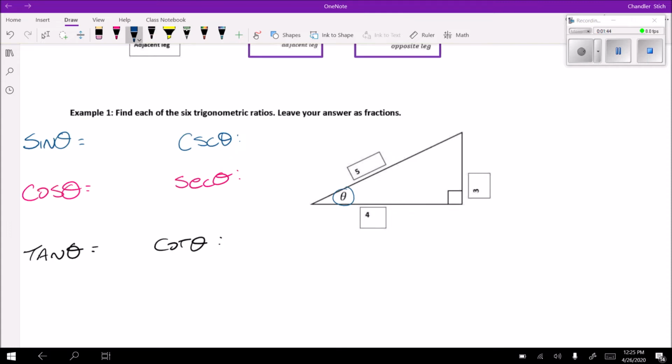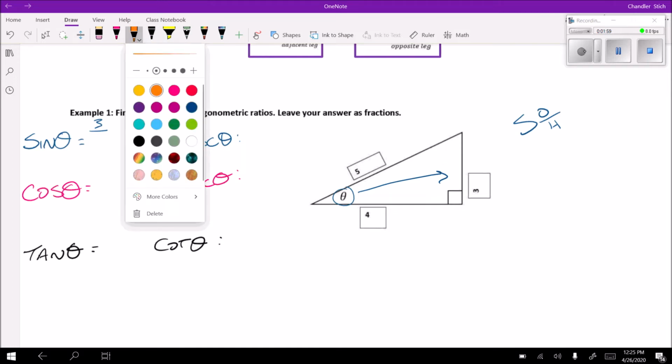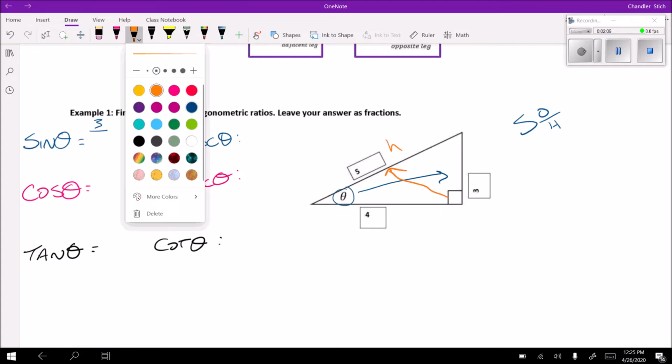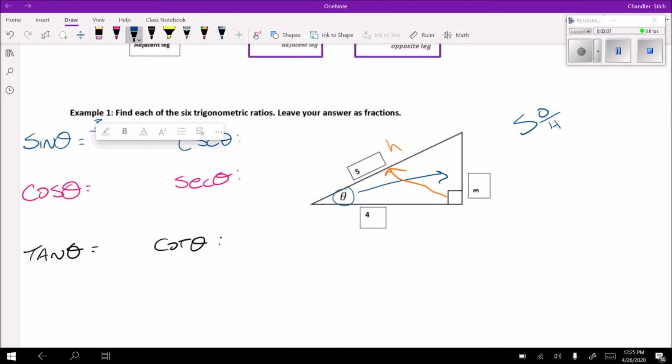Let's start with sine. Sine is opposite over hypotenuse. Here's opposite, 3. And then my hypotenuse is always across from my right angle, which in this case would be 5. So 3 over 5.